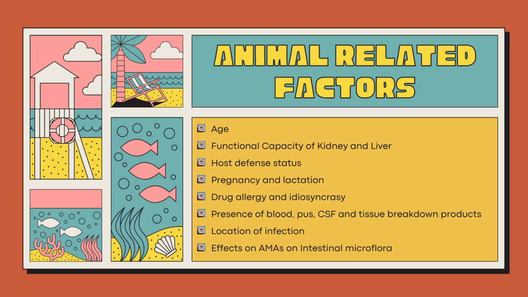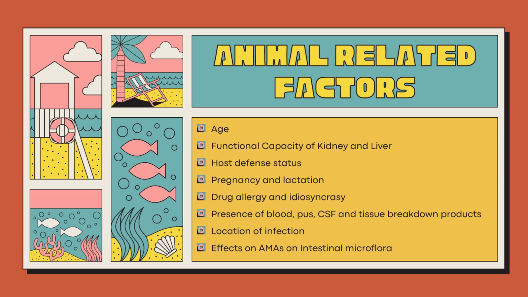Next would be the host defense status. Integrity of defense plays an important and critical role in the final eradication of the pathogens, especially when a bacteriostatic drug is used. These bacteriostatic drugs cure an infection in a patient with normal defense status, which is immunocompetent.